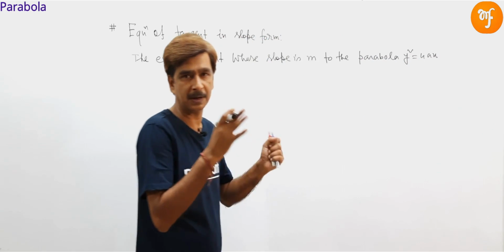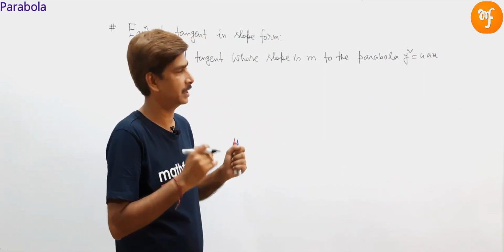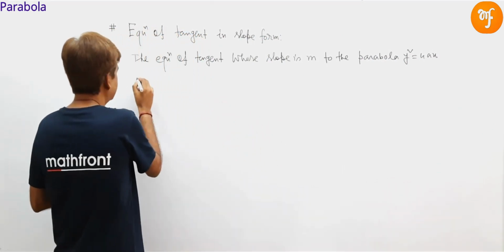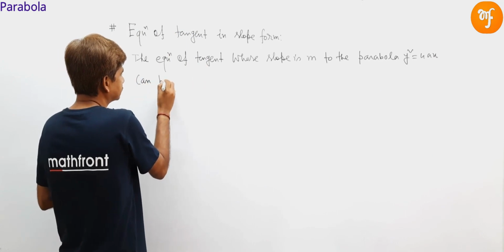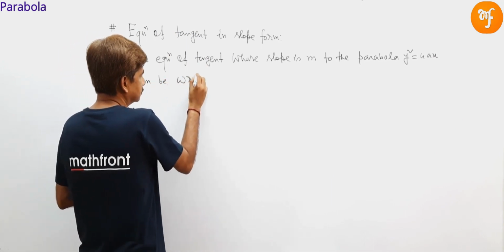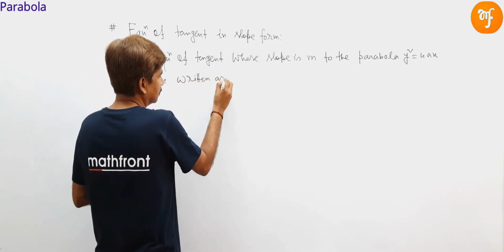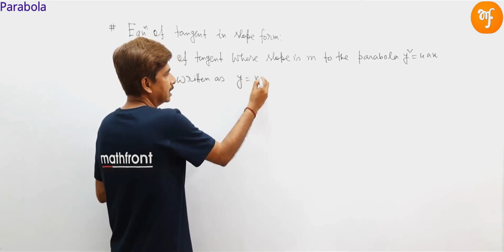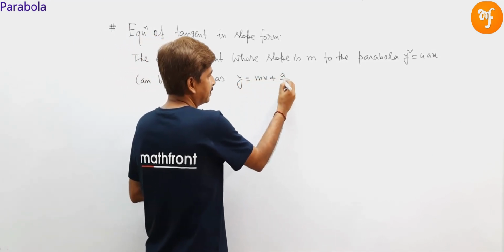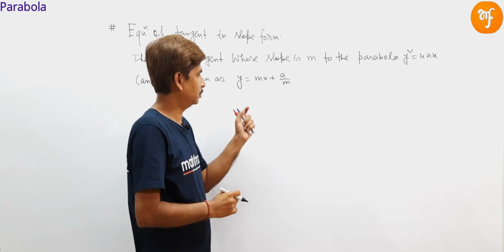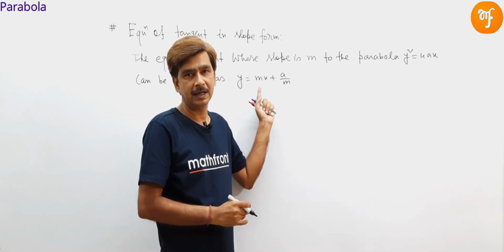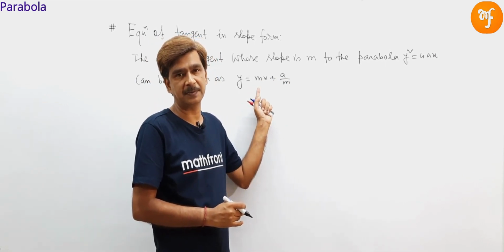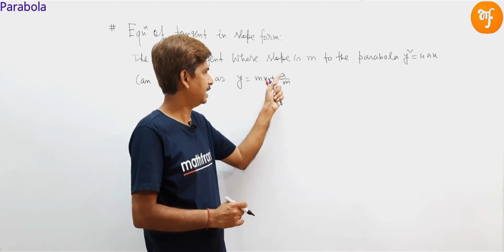So the equation of the tangent to the parabola y square is equal to 4ax can be written as y is equal to mx plus a by m. So look here, only the equation of tangent depends on m and a is known.